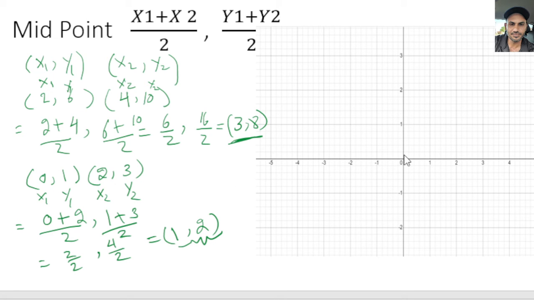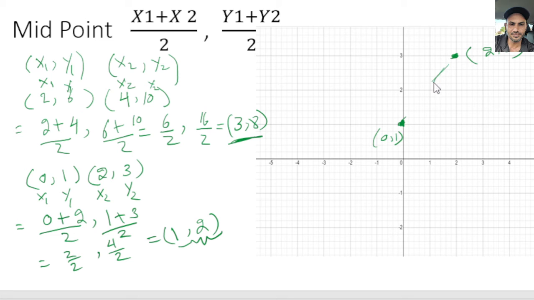So we're going to go ahead and plot these 2 points. We have 0 comma 1. That's the first point. And then we have 2 comma 3. This is the second point. Now the midpoint is between these.